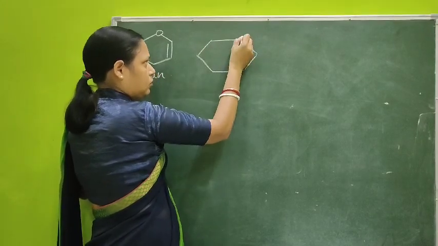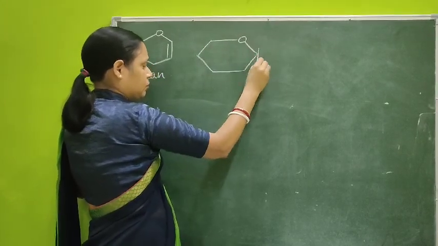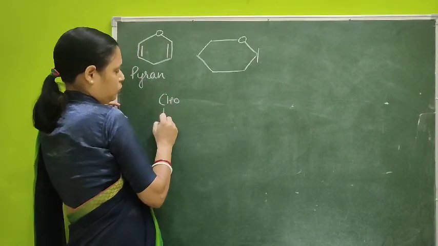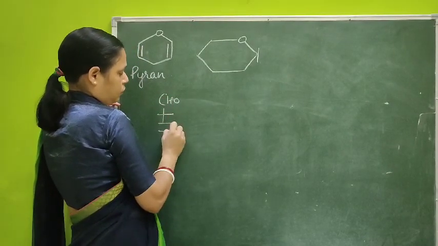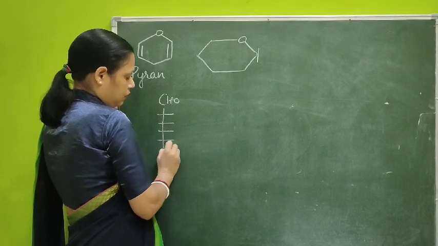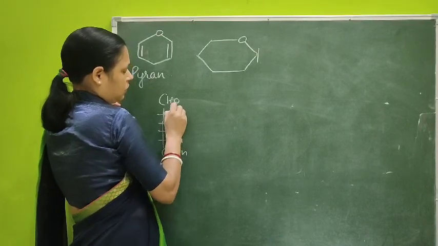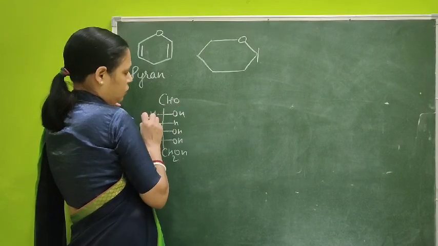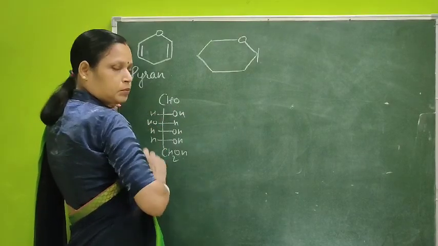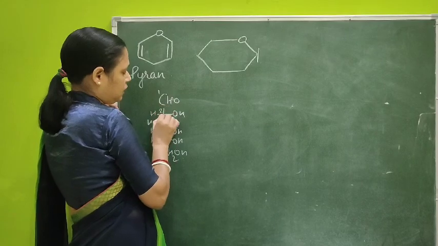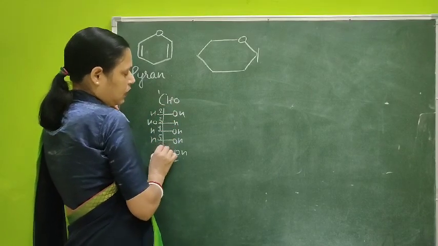Here this is one oxygen. We'll draw it here. See the CHO, 2, 3, 4, 5 and the 6th is CH2OH. OH, OH, H, OH, H, OH, H, H. So this is your first, second, third, fourth, fifth and 6th carbon.